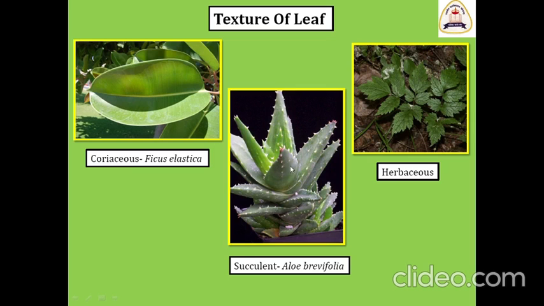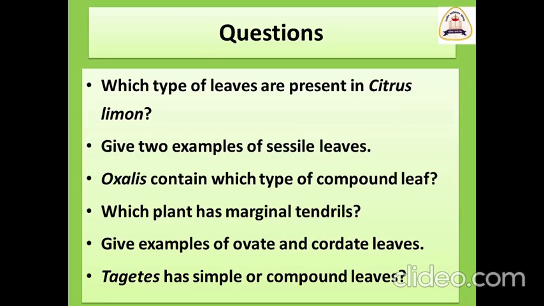This is the Aloe species, Aloe brevifolia, with a special swollen structure which stores food for adverse environmental conditions. The herbaceous leaves are the common leaves, giving the characteristic feature to herbs.